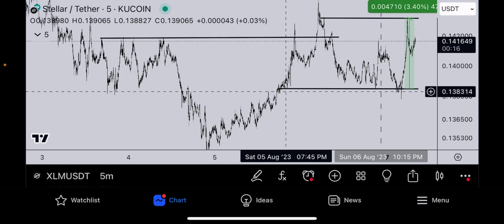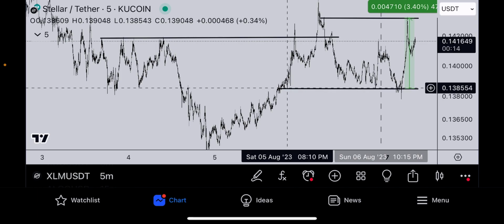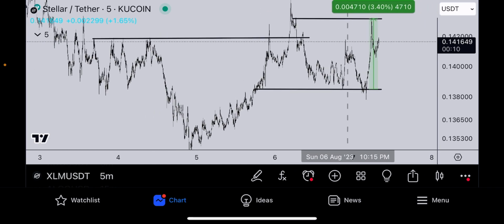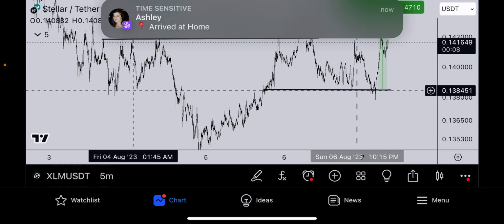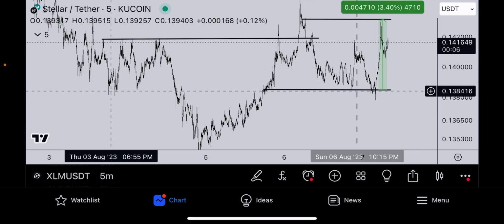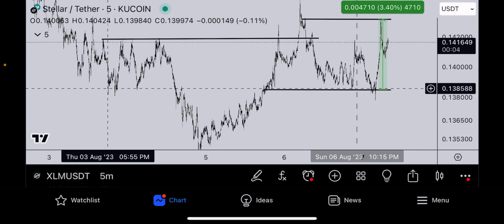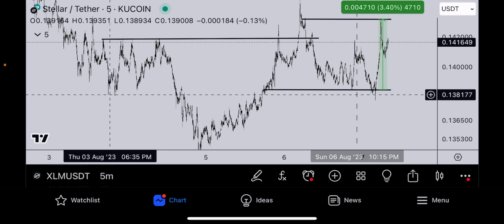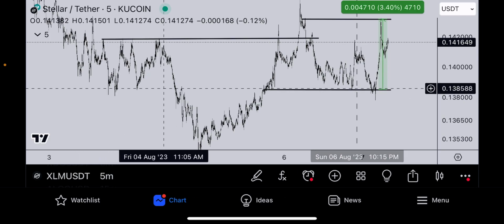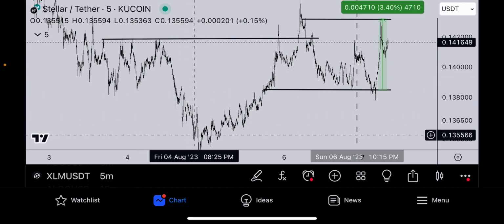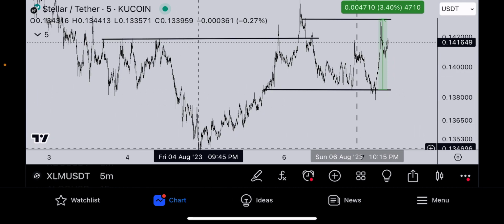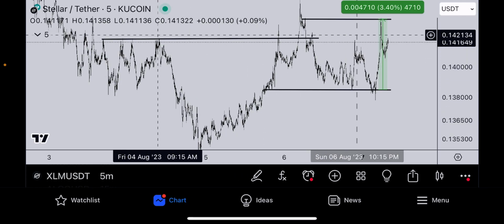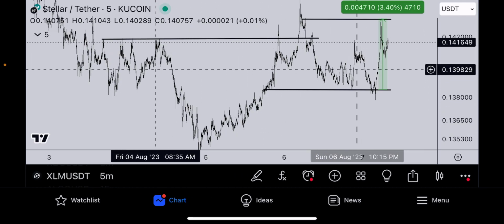It's going to be at these equal lows down here, and then start the whole process over again. So this can be done several different ways. We got some equal lows down here, right here, and you can see those get taken out. This one obviously kept going down, but eventually found its way back up to these equal highs up here.